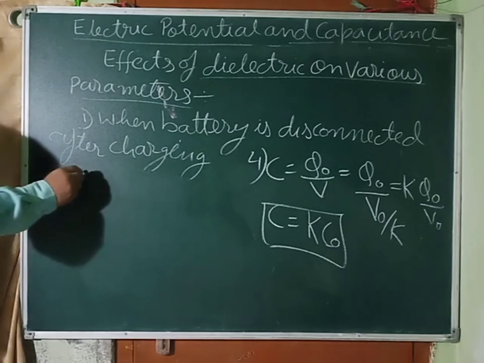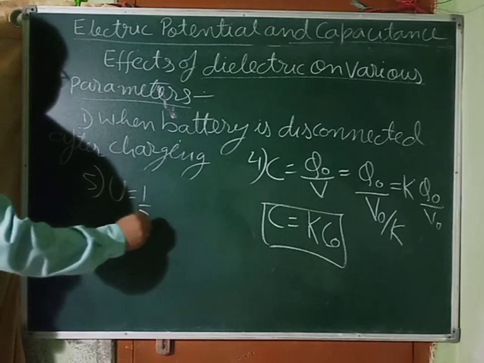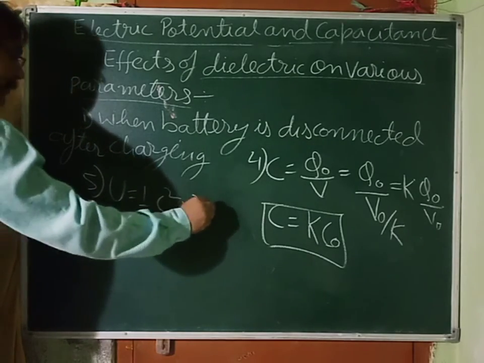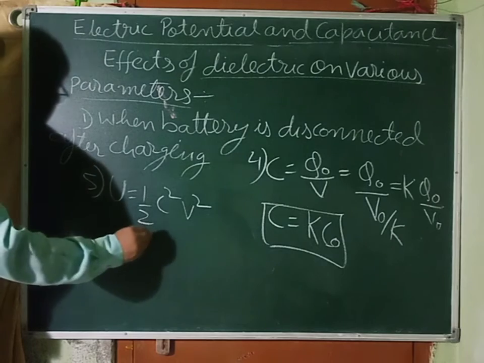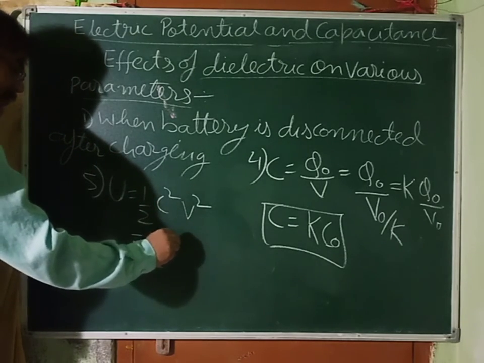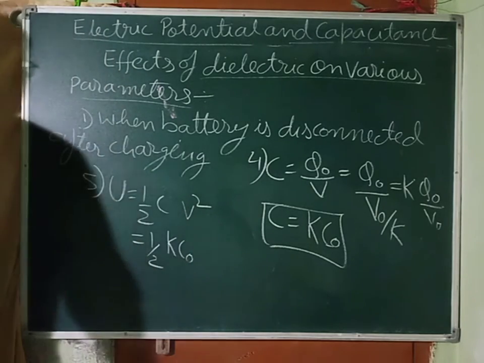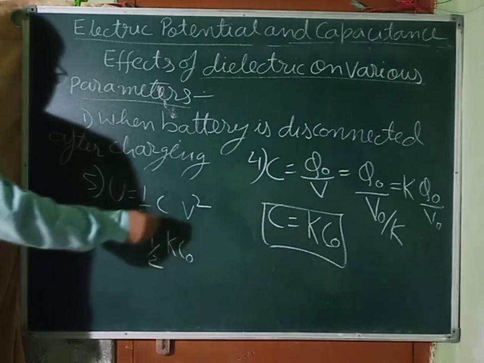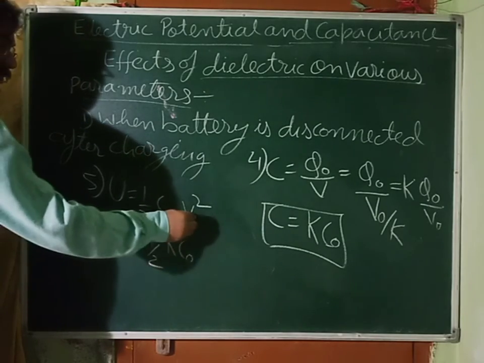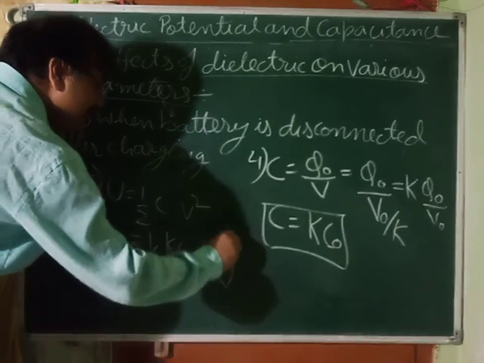When we are talking about the energy, the fifth point, we know that energy is half CV square, not C square V square. So C is KC naught. What is V? V is V upon K. Square of this.